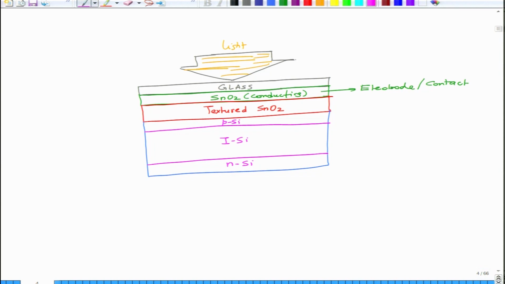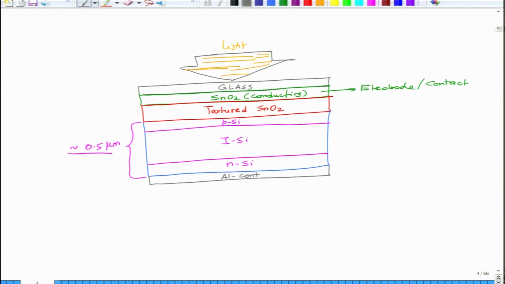As a result, you will have band bending. I silicon is the region where most of the light absorption and carrier generation takes place, and the thickness of this whole stack is about 0.5 micron.